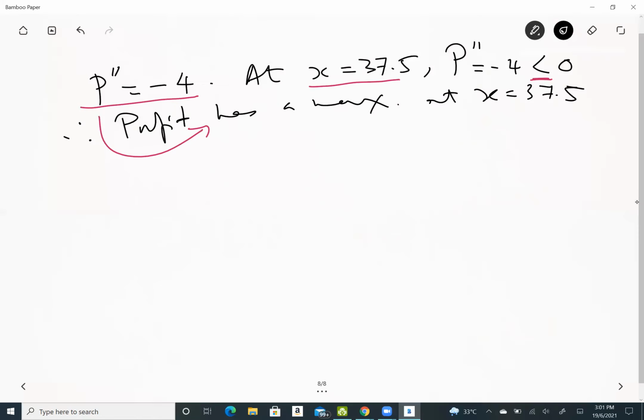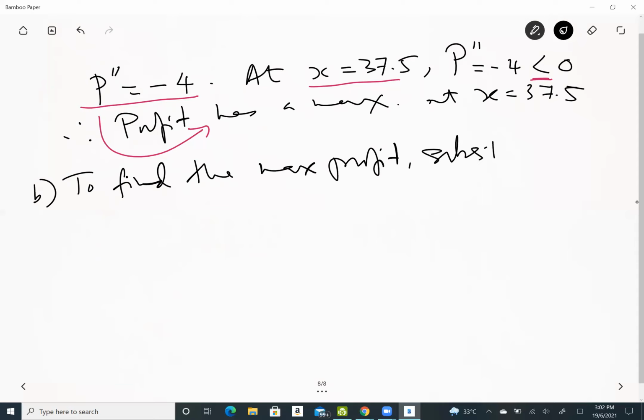Now for part B, what is the maximum profit? So what we do to find the maximum profit, we simply substitute x equal to 37.5 into P. So what do I get?